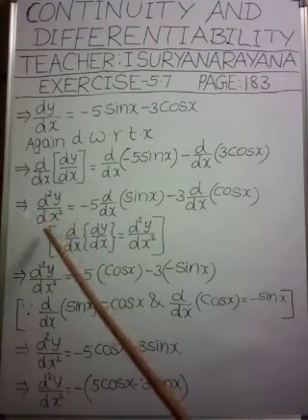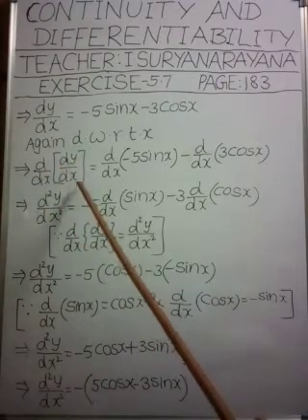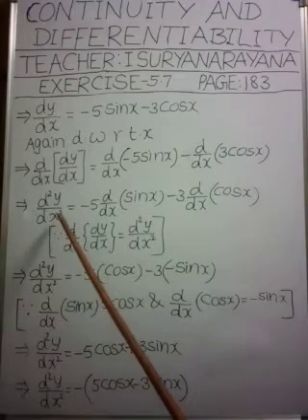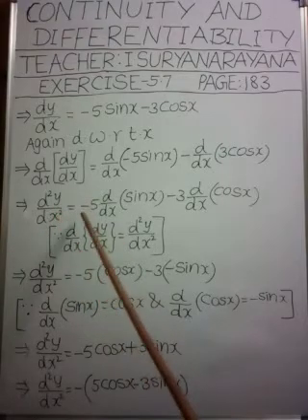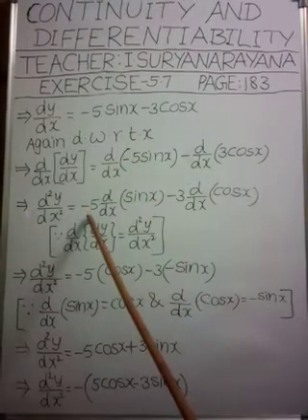Yes, d square y by dx square. Remember this notation, my children: d by dx of dy by dx is written as d square y by dx square. That is equal to, here minus 5 is a numerical coefficient. We write it before the differential operator.